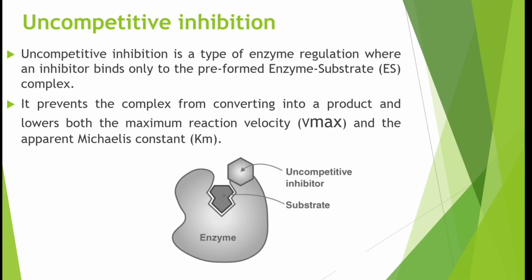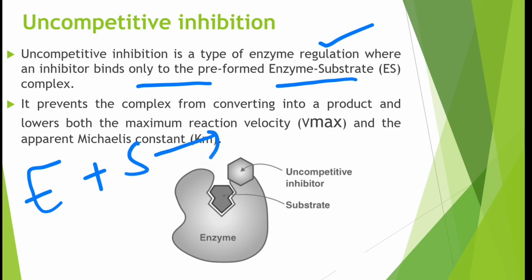Next one is uncompetitive inhibition. It is a type of enzyme regulation where the inhibitor binds to the preformed enzyme-substrate complex. At first the enzyme binds with the substrate, forming the enzyme-substrate complex, then finally enzyme plus product.